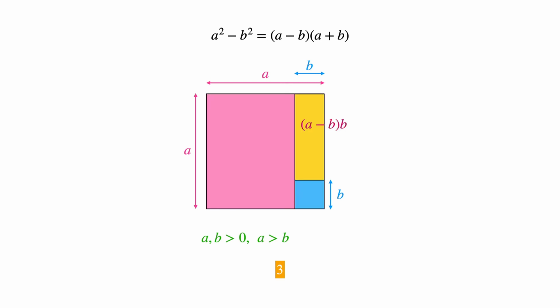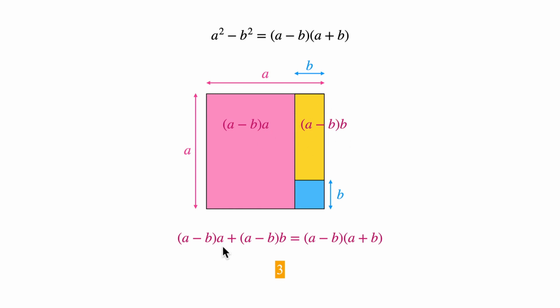And what about the right-hand side? You see, this yellow rectangle here has area (a - b) times b, because a minus b is this length here, and this is b here. And this rose rectangle has area (a - b) times a. And what happens when we put these two areas together?